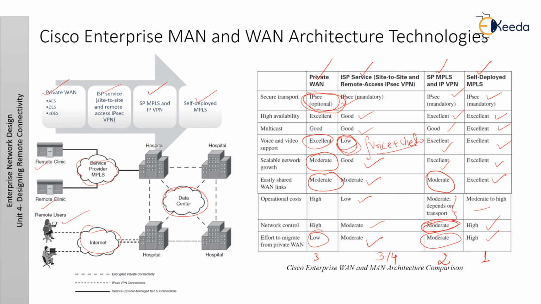So this is our encrypted private data, and this is our IP security VPN connection, and the dark one is the service provider managed MPLS connection. So this is the whole diagram. You can create it easily and explain it easily.